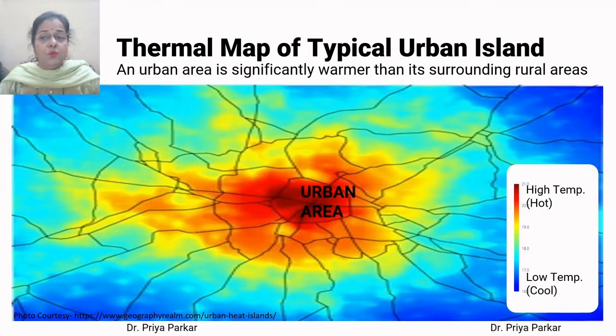As we further move away from the urban centers towards rural areas, the temperature further drops. This is clearly seen by the light blue color and then dark blue color that shows forest areas. This thermal map shows how the urban area looks like an island.